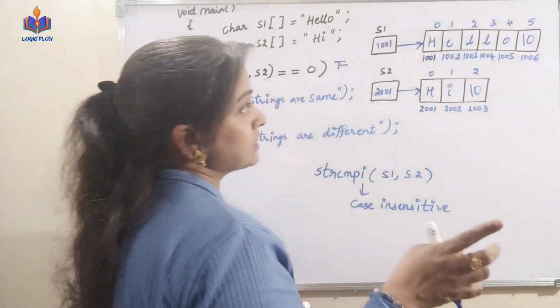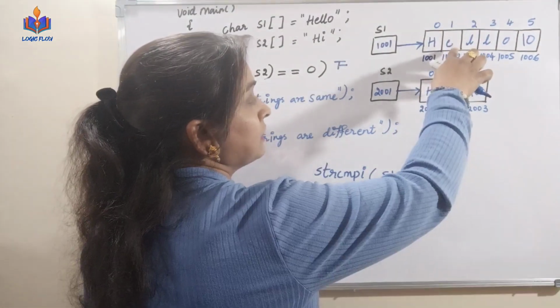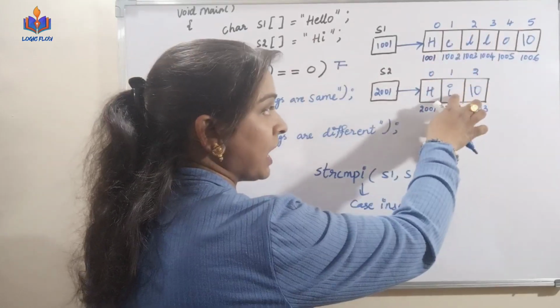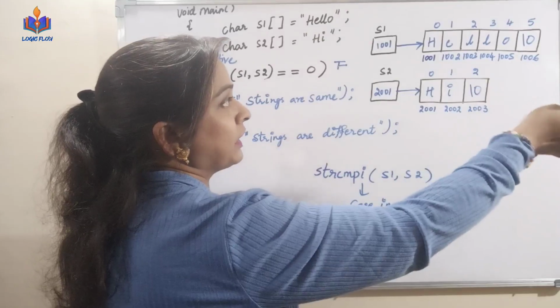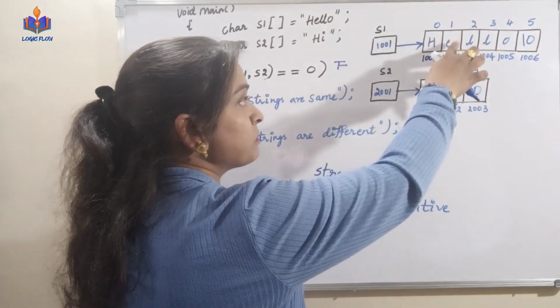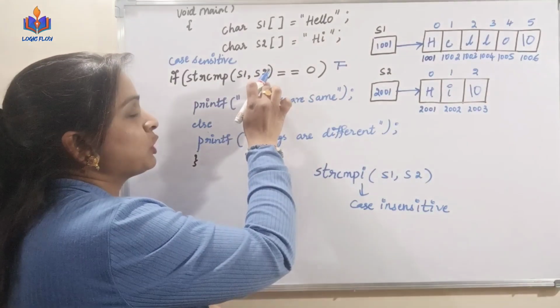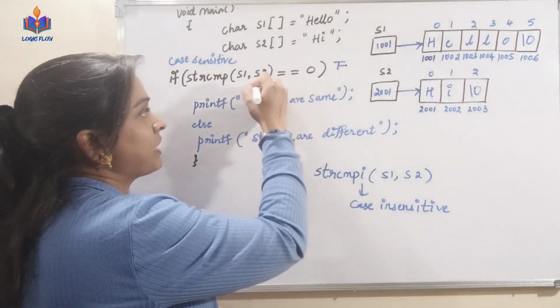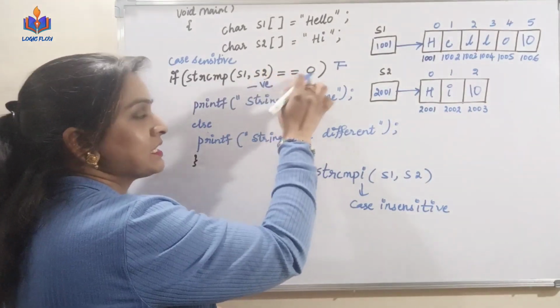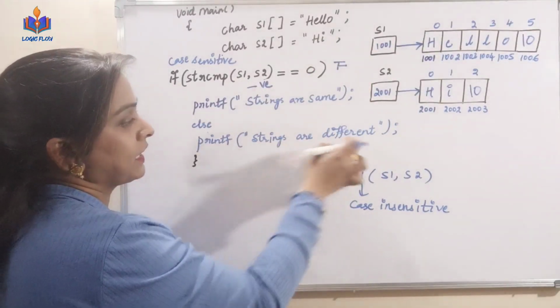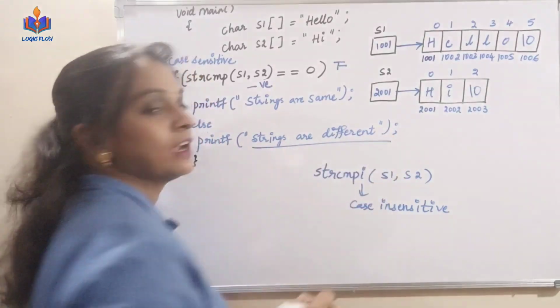E means the ASCII value will be less: E, F, G, H, I means the ASCII value will be greater. The first string ASCII value becomes less, so it is going to return some negative value. That negative value will not be equal to 0. Is it equal to 0? No. Condition becomes false. Else I'll get this message, strings are different.